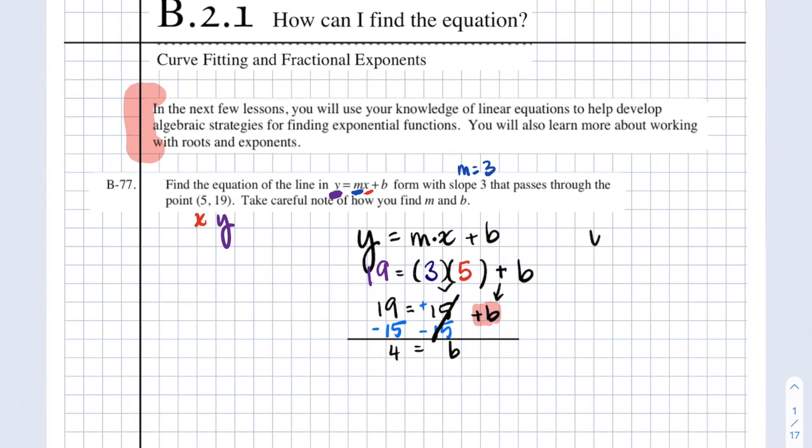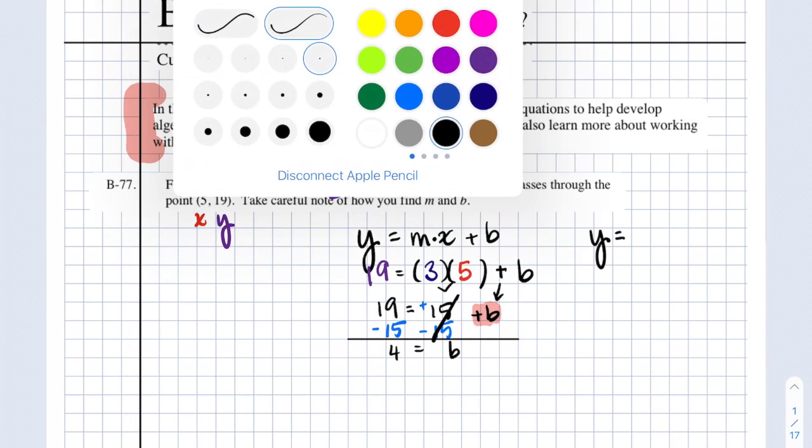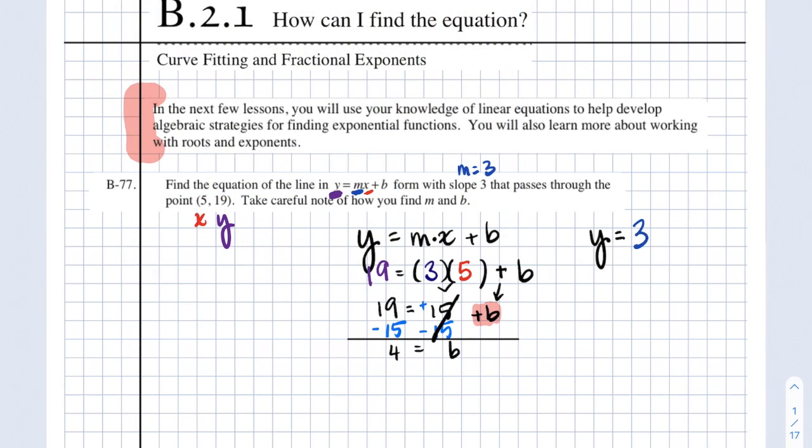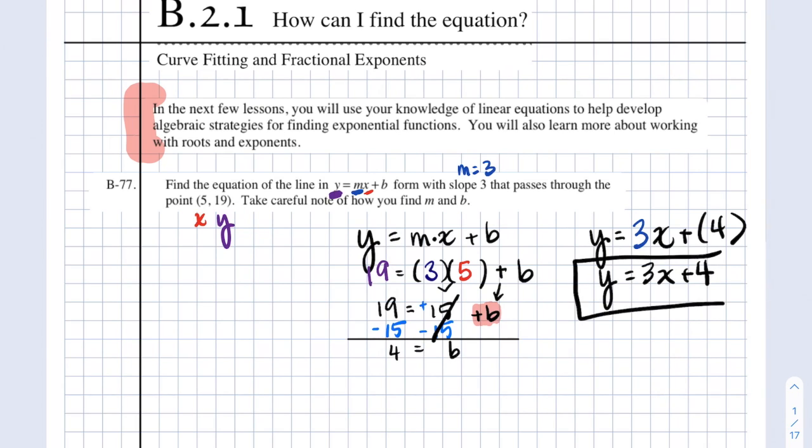So in order to write your equation, we need to know the value of m, which is 3. We'll keep the x, you can put it in parentheses or leave it as is. So this would be your equation.